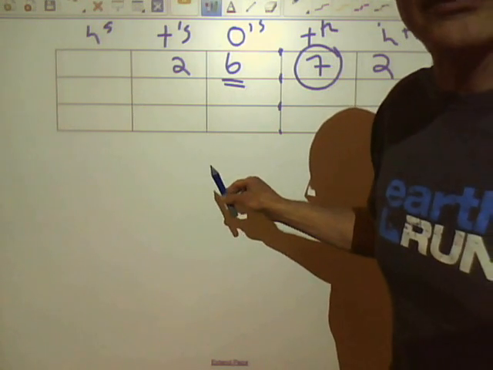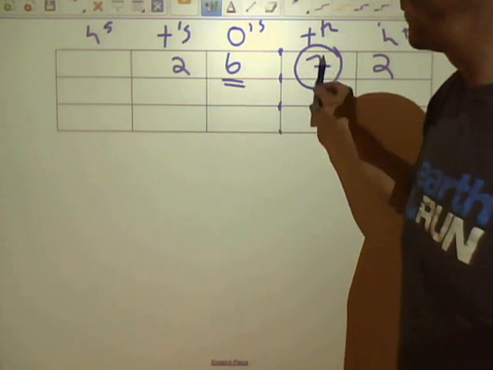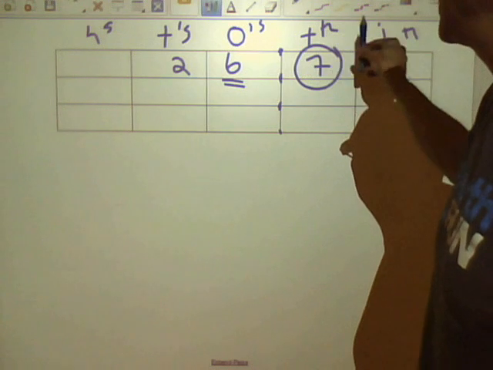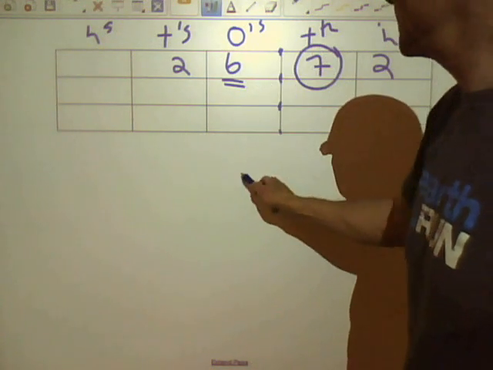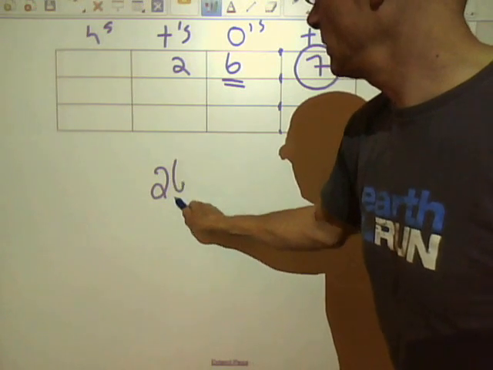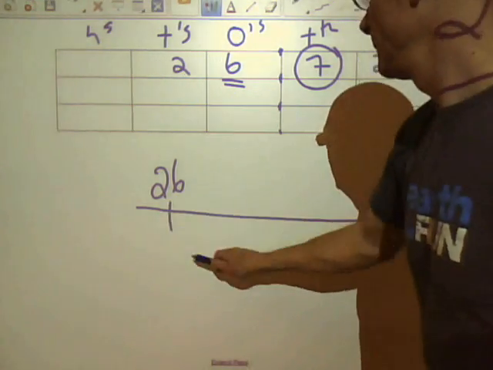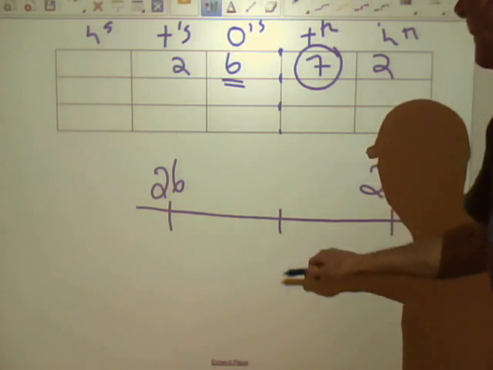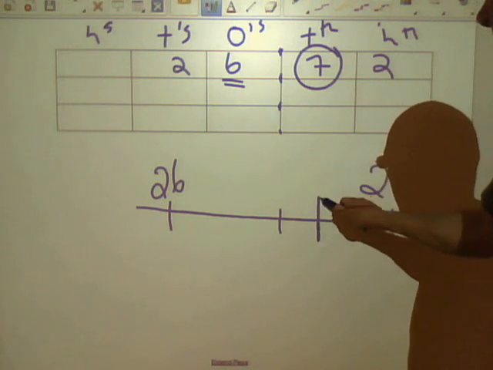We say to ourselves, is that more than halfway to 7? Or is it less than halfway to 7? And in this case, if this were 26 on a number line, and this is 27 on a number line, this number that we plot here, that's halfway, 26.72 would sit in about there.